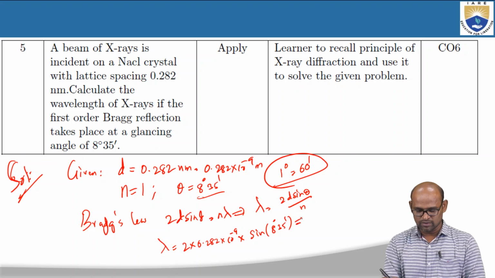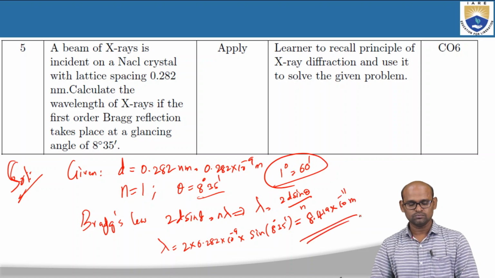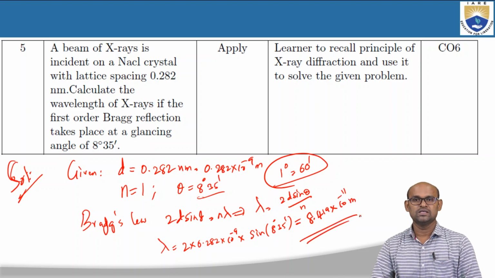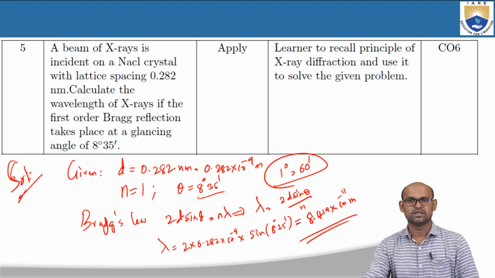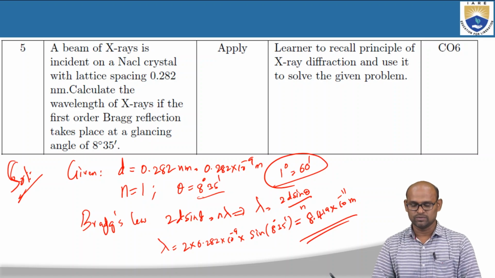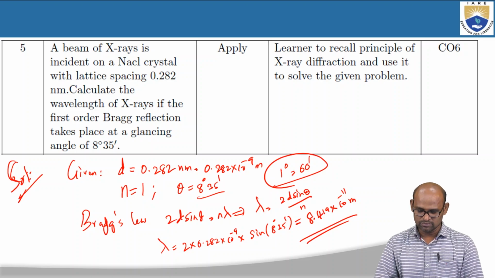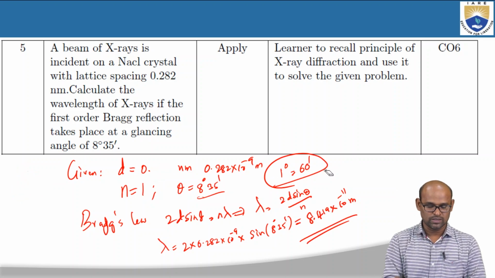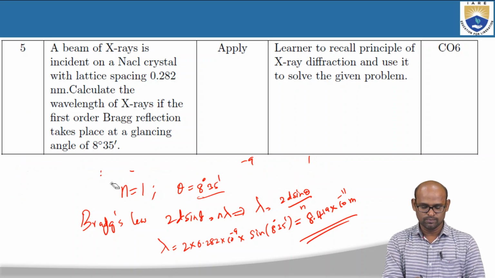Then you will get the wavelength. So the wavelength is 8.419 into 10 power minus 11 meters. So for this beam of X-rays incident on a crystal with the given spacing, the wavelength is 8.419 into 10 power minus 11 meters.